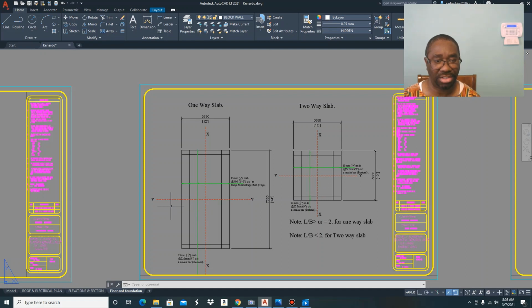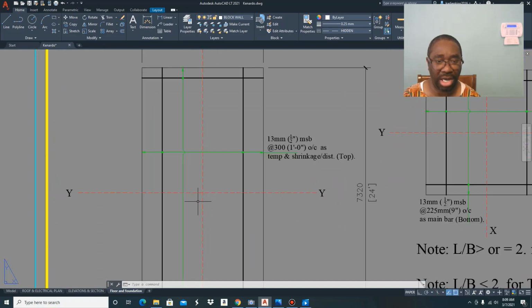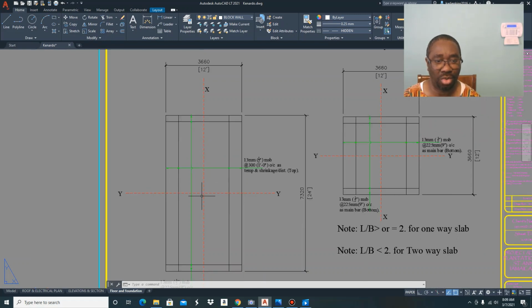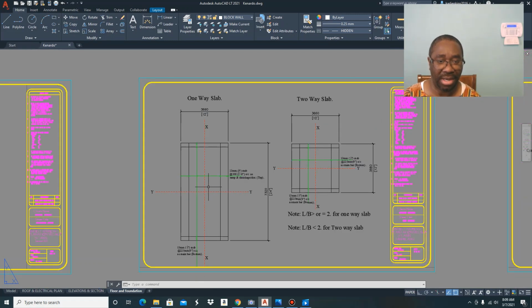So as you can see now, we have two axes. We have the XX axis, and the YY axis. So if we should put a load at the center of the intersection where you have XX and YY, this slab or deck is going to be deflected in the XX direction.